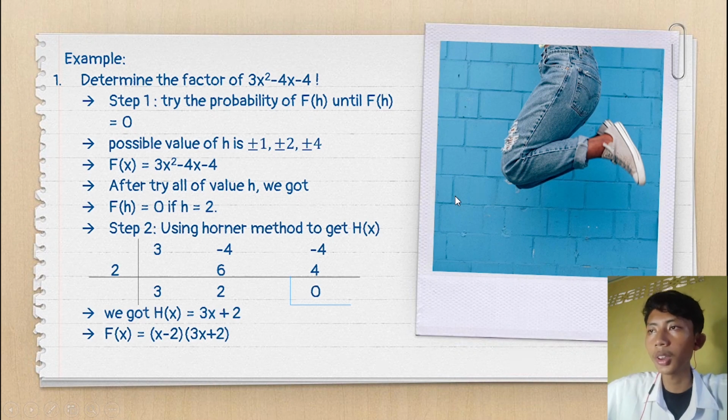Step 2. Using Horner method to get q(x). We have the coefficient and constant of the f(x), and then replace on here and replace h equals 2.